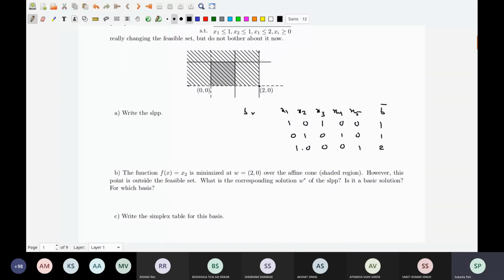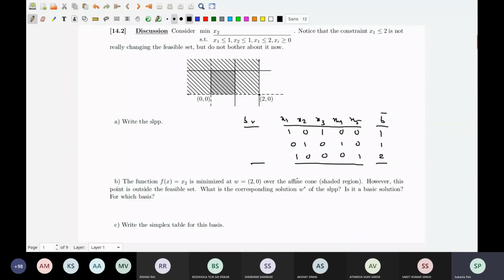So this is an SLPP, and you will actually never have a chance to see the equations yourself. You are supposed to write the algorithm, and the computer would be doing that, minimizing x2. So I will write 0 1 0 0 0. That's what it is. Now for the point (2, 0), the point is (2, 0, -1).